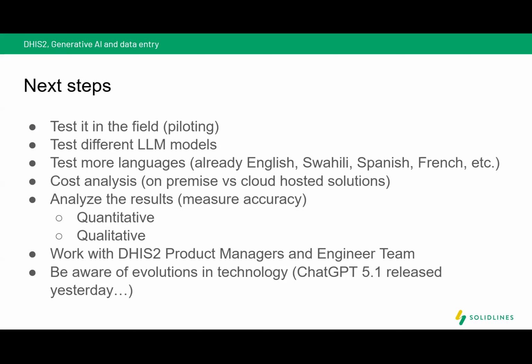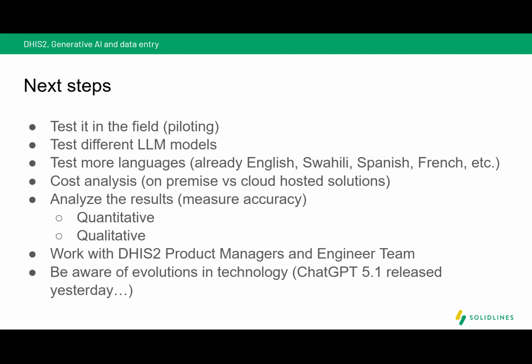We need to think also, depending on each use case, about the cost analysis of having a solution like this on premise or using the cloud. We're analyzing the accuracy and the results, not only quantitative, also qualitative. And we are working with different DHIS2 product managers and engineering teams to think about how this could be used inside DHIS2.